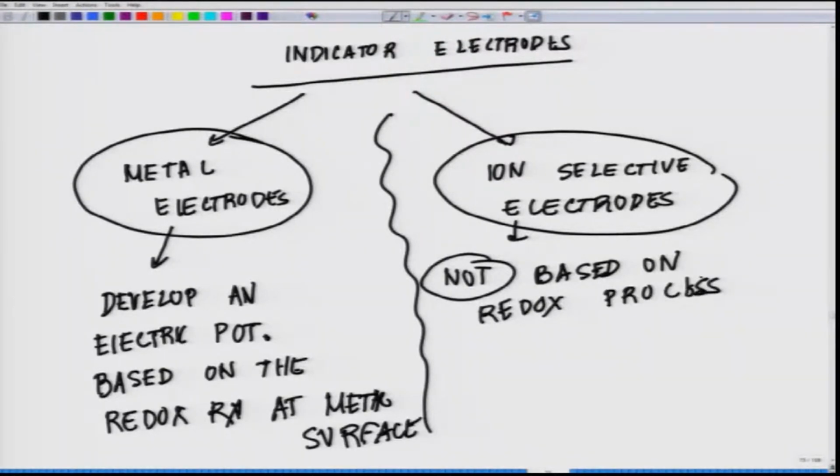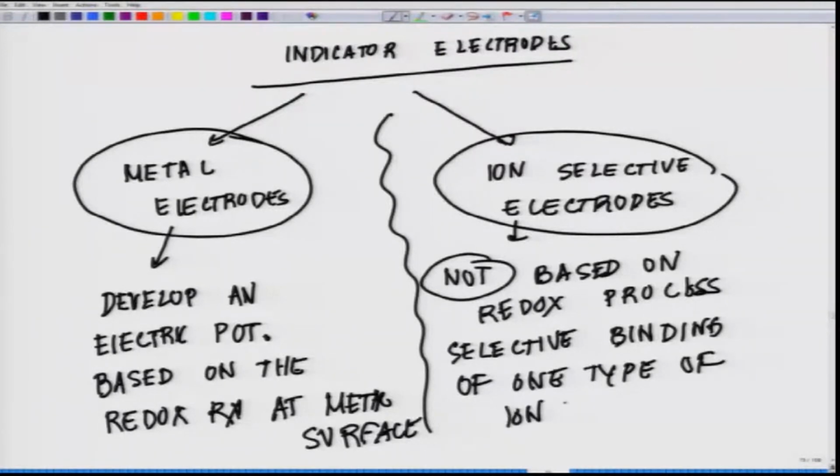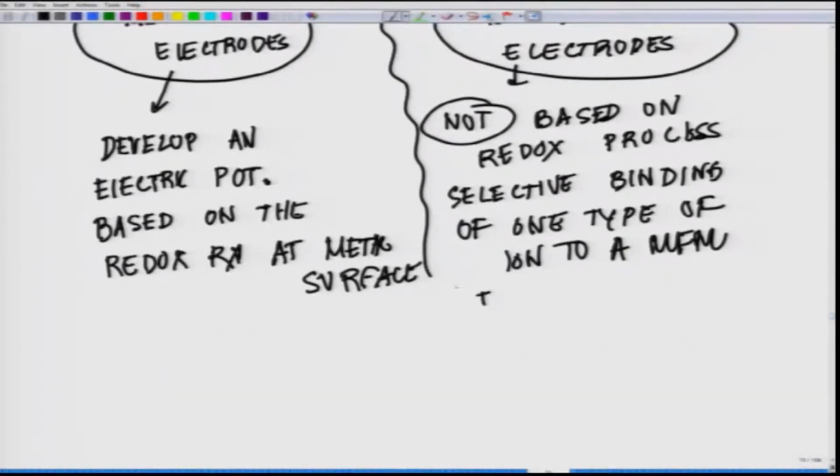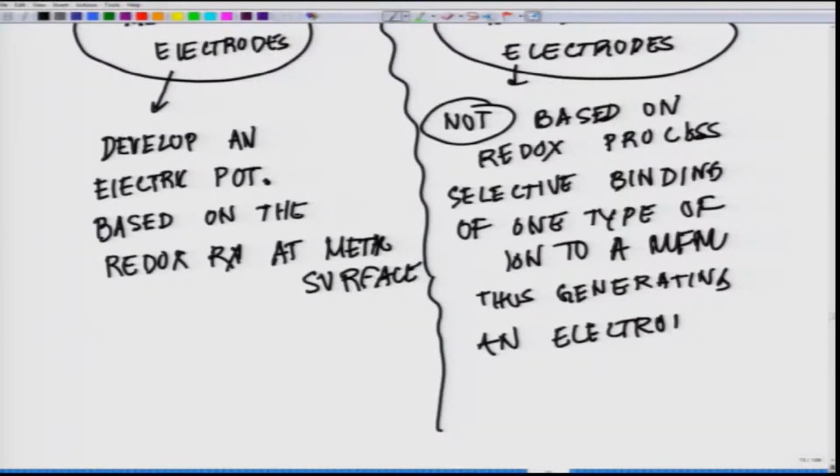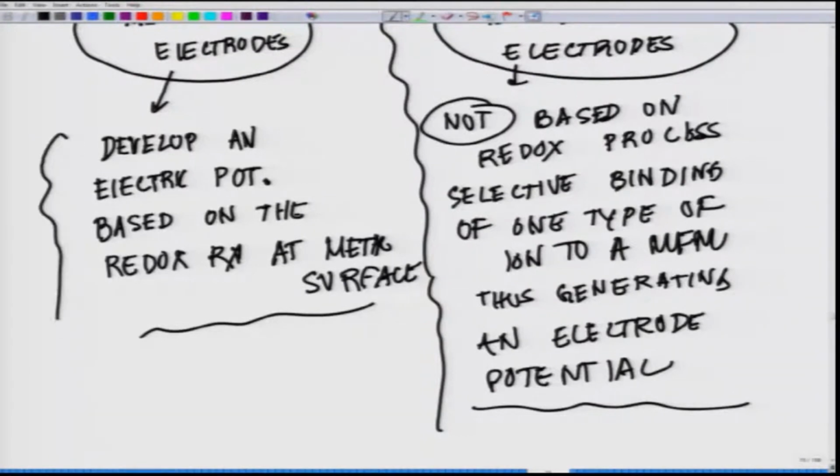Instead, there is selective binding of one type of ion to a membrane, thus generating an electrode potential.